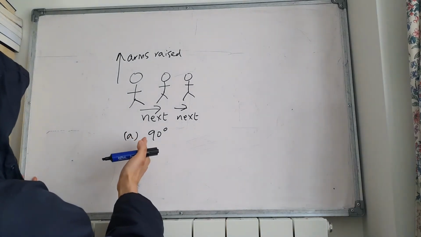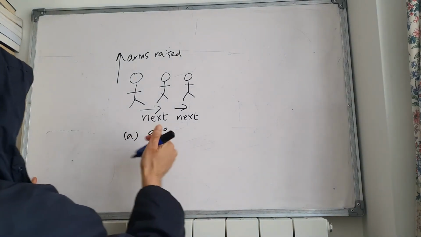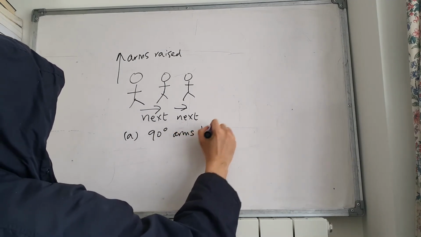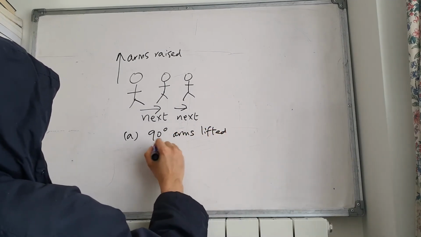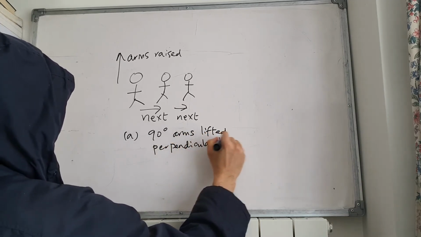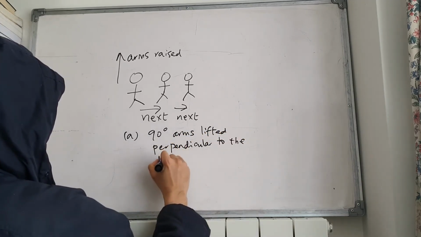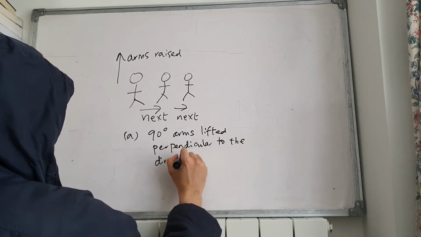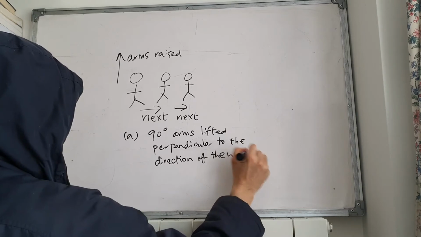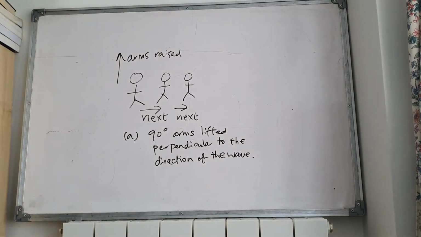So A, it's 90 degrees because the arms are being lifted perpendicular to the direction of the wave. So that's part A, that's 1 mark. So that's just the definition of a transverse wave.